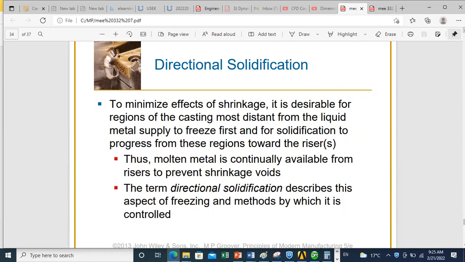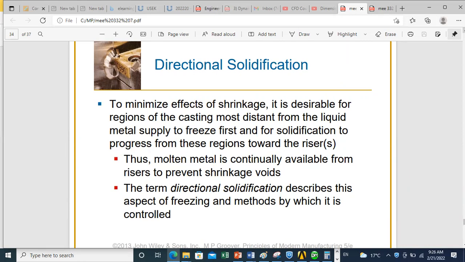What is the idea? The idea is that for example, if you have a closed mold, the extreme regions that are very far are the more critical ones, because you might have blocking effects that keep the molten metal from reaching them. This is why in general when we design risers, we place them in such a way as to supply molten metal first to these regions, so we can make them solidify before other parts.